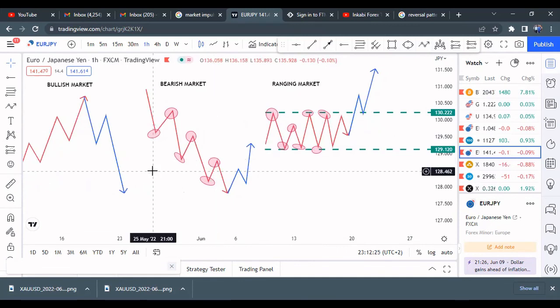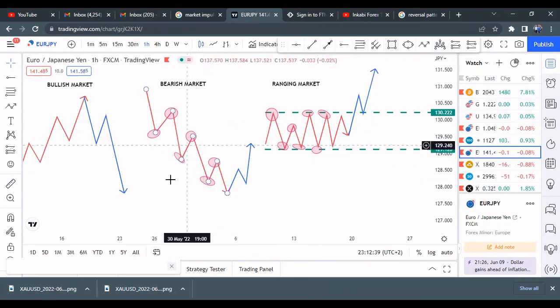So we have reversal patterns and continuation patterns. Reversal patterns tell us that price is now going to reverse, and continuation patterns tell us that price is going to continue with the direction that it was on.